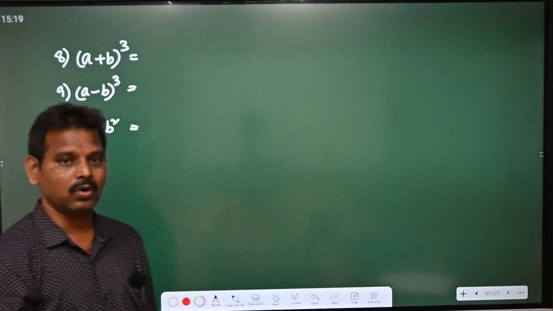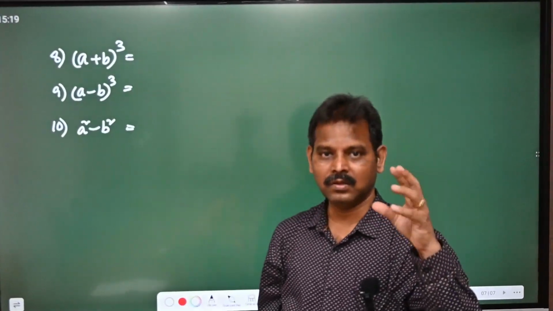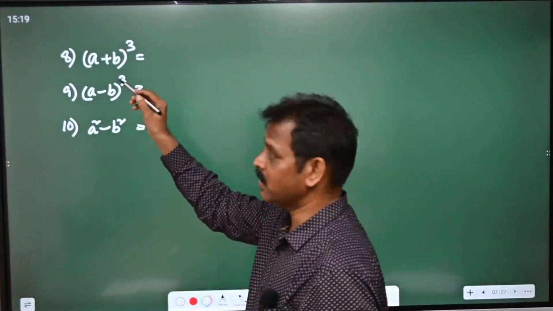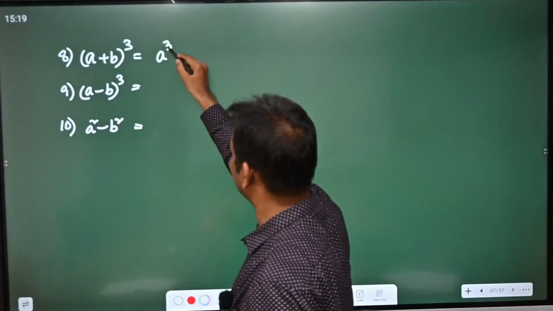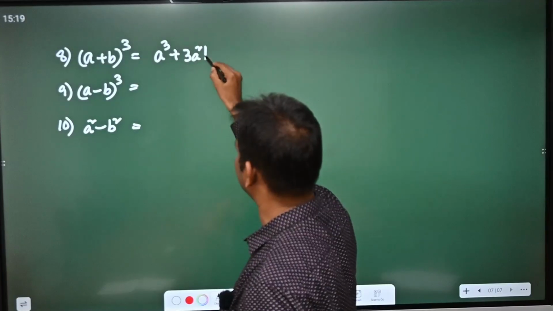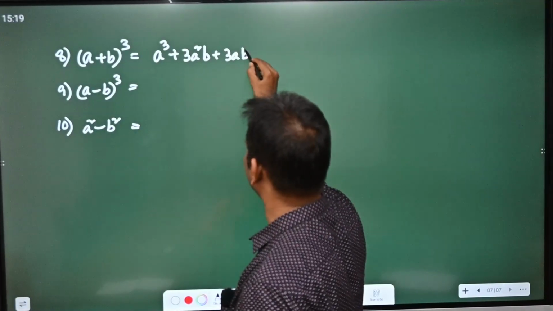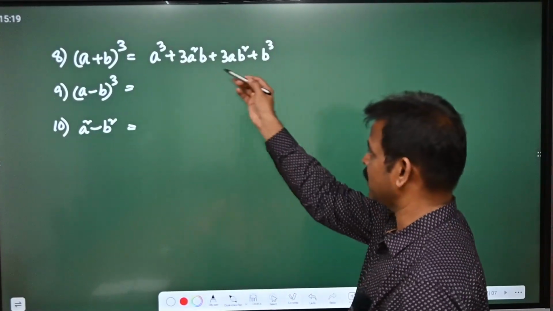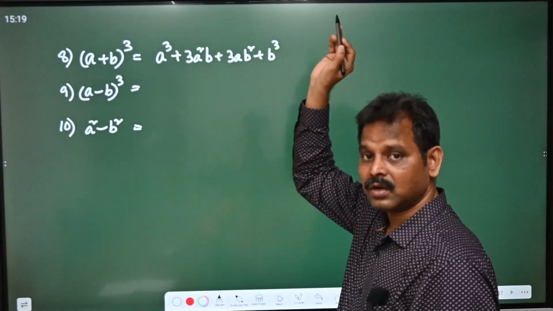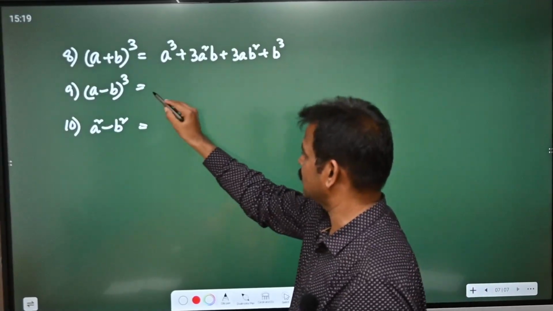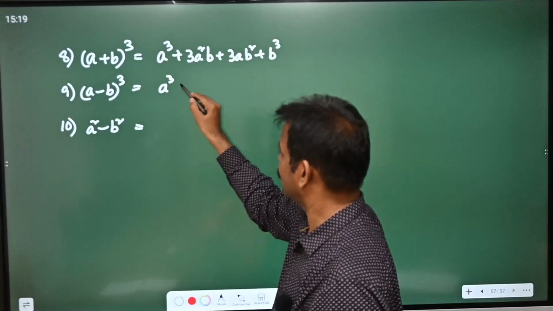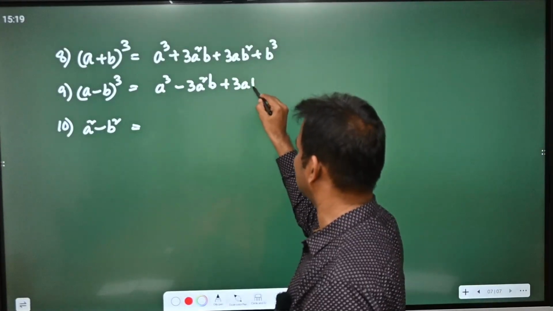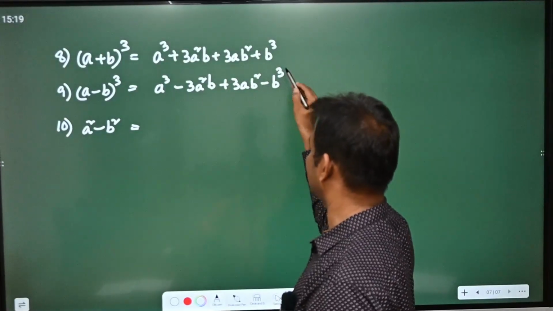So a plus b whole cube, from Pascal's triangle, if you have some knowledge on binomial theorem, expansion of binomial, we can write a cube plus 3a square b plus 3ab square plus b cube. This is one method of expansion, by using Pascal's triangle and also binomial expansion concept. This can be written as a cube minus 3a square b plus 3ab square minus b cube.